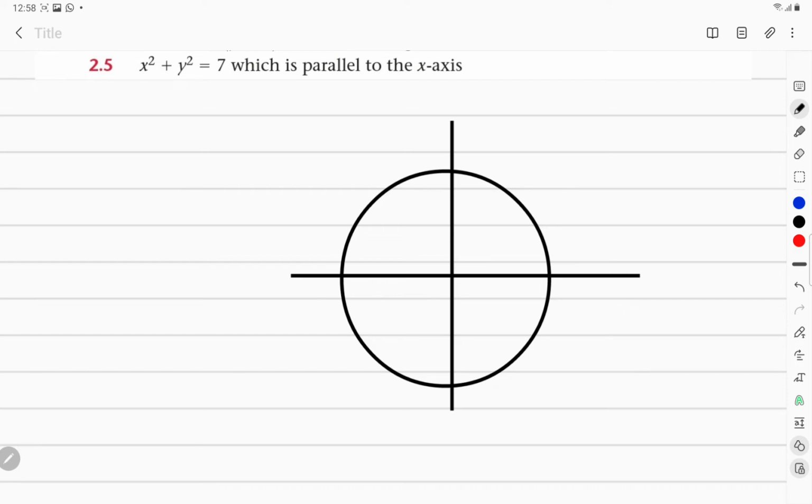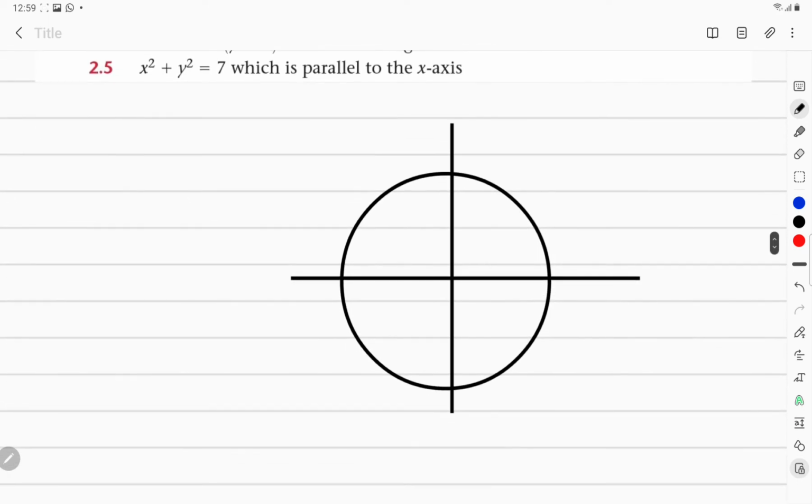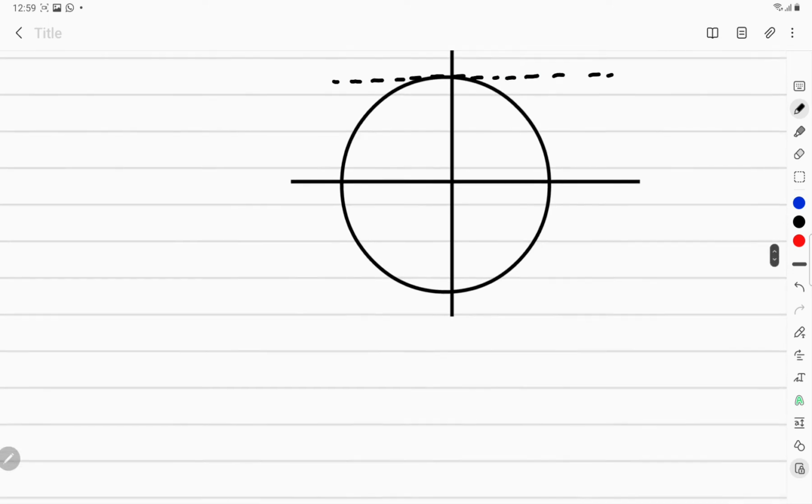So the equations of the tangents parallel to the x-axis, we understand they're talking about this, and will be determined here and here.